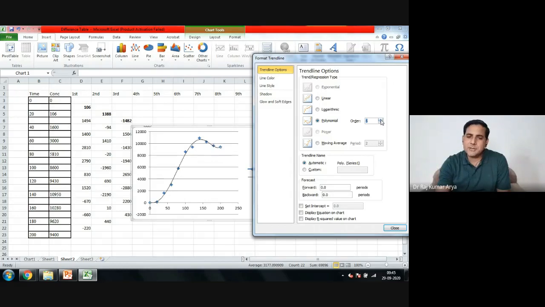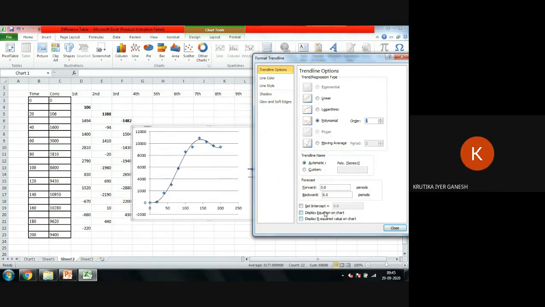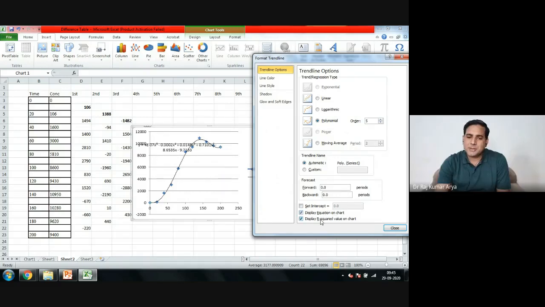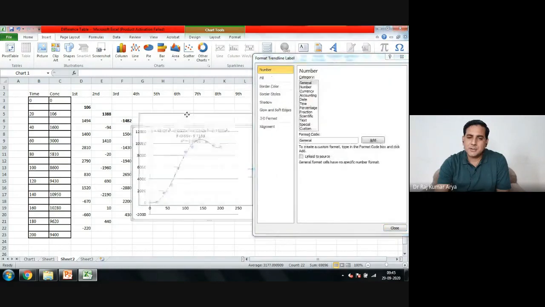Most of the time, as you increase the degree of the polynomial, you get a better and better fit. Let's see here, the fifth order looks much better than the fourth order. You can display the equation, and you can display your R value here, so you can see your R square.